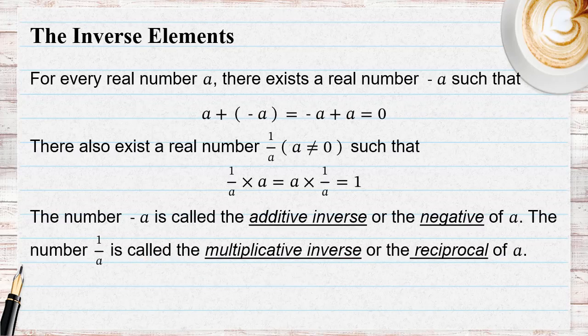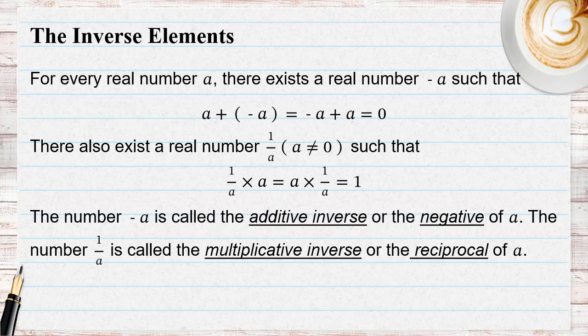The inverse elements. For every real number A, there exists a real number negative A, such that A plus negative A is equal to negative A plus A, which equals 0.